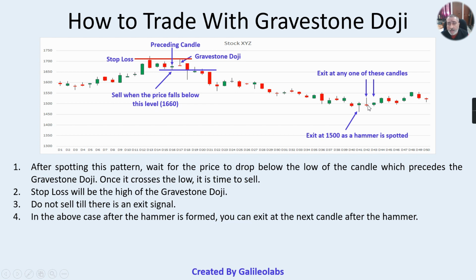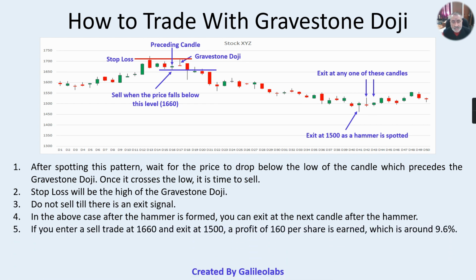We cannot say at what point in time it went below. If the price of this candle was above the high of the hammer during the entire course of the session, and just before closing of the session the price dropped and closed near the opening, in that case you can exit at this very candle. And if this is not the case, that means the price was high only for a short duration during the entire session, then you can exit at this candle.